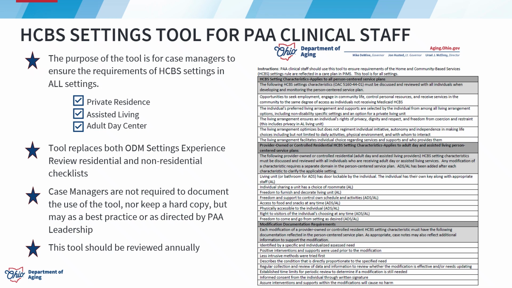And these are broken down one by one, and you'll get a review of those as we move through the presentation here in a little bit. And then finally, the modification documentation requirements at the bottom are broken out so that they align with the rule as well, and it explains what you have to have in your care plan when a modification has been identified.